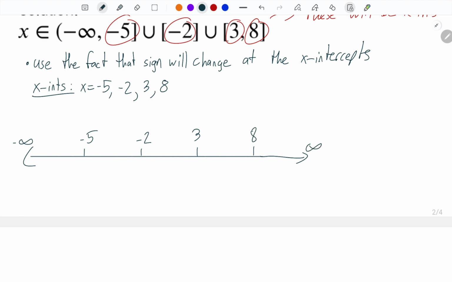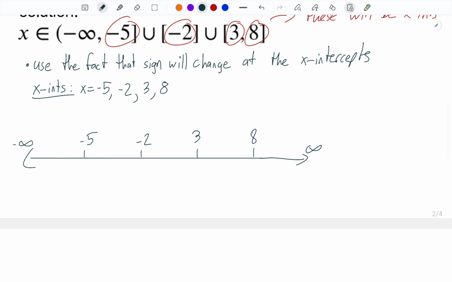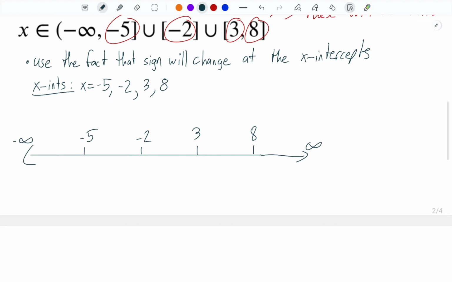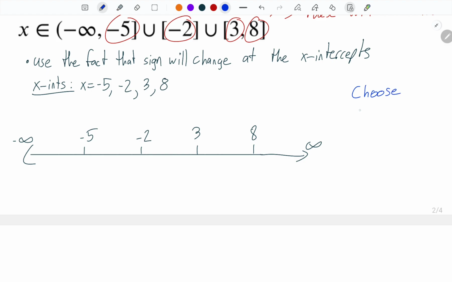Okay, and what we want is the solution to fall within those areas. We just basically need to choose less than or equal to, or greater than or equal to. It doesn't matter which one we choose. So in the end, we can get multiple different answers. So I'm just going to choose greater than or equal to.